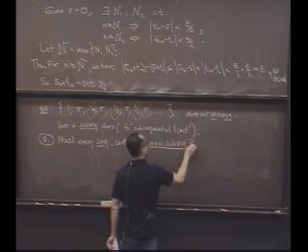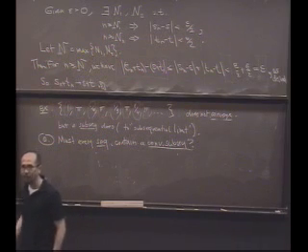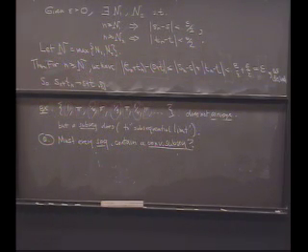More interesting question. Must every sequence contain a convergent subsequence? Just form an opinion, don't worry if it's right or wrong. How many people say yes? How many people say no? Okay, that's a lot of you. Give me an example of a no.